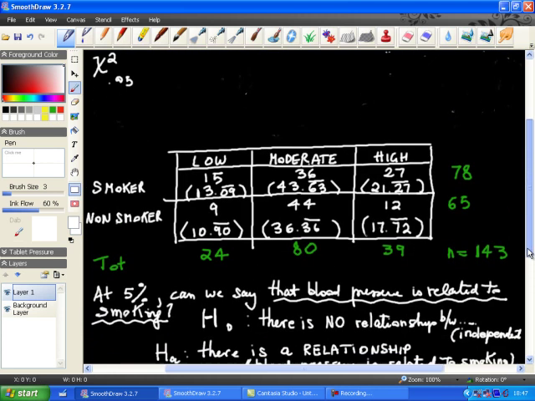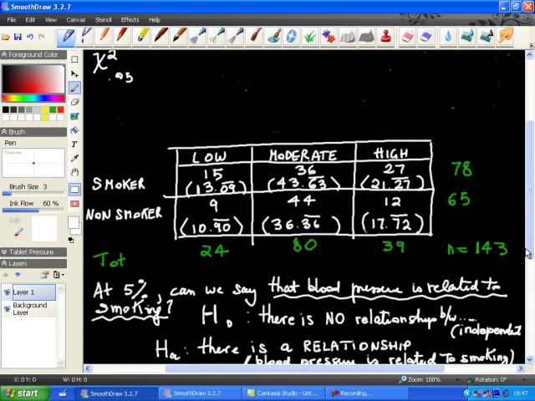We have 2 rows, so 2 minus 1 is 1. Multiplied by the number of columns, we have 3 columns, subtract 1, so 3 minus 1 is 2, and 1 times 2 is 2. So the degrees of freedom will be 2. We need to look up the chi-square tables at 5% and 2 degrees of freedom.